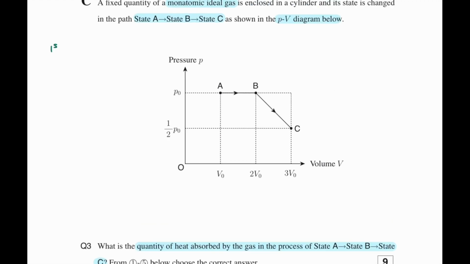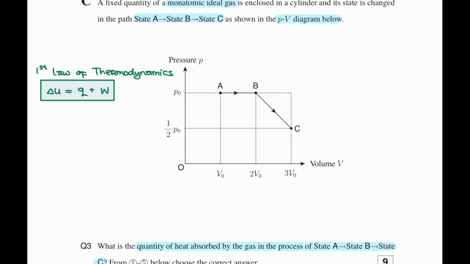I will use the first law of thermodynamics. The first law of thermodynamics states that the change in internal energy of a system is equal to heat absorbed by the system, which is Q. This is the quantity that we want to find, plus work done on the system, which is W. This is the first law of thermodynamics.